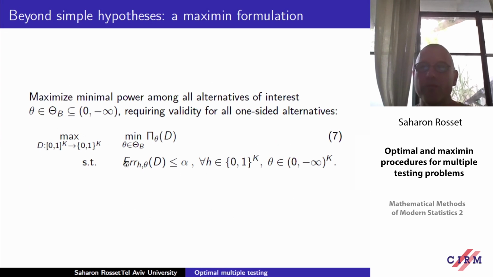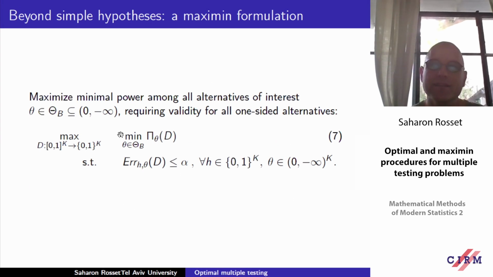So we've formulated a much more demanding set of constraints that says we don't want to control only for a given set of parameters, we want to control for all possible parameters. And remember that in multiple testing, the control criteria depends on the value of the alternative. And in the objective, we also have a range of values of the parameter that we are interested in.